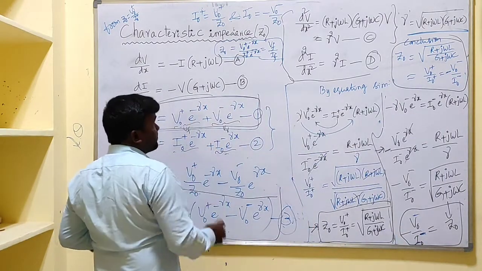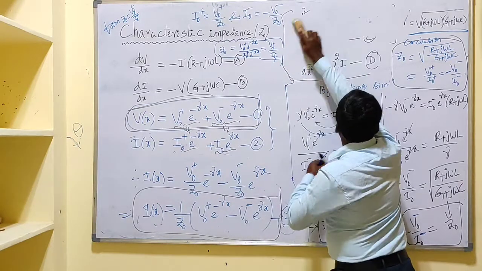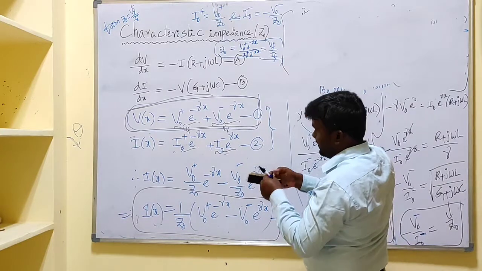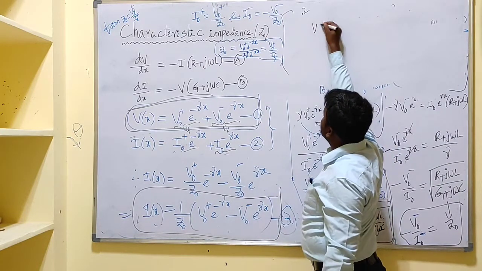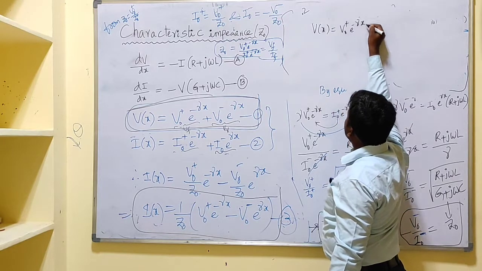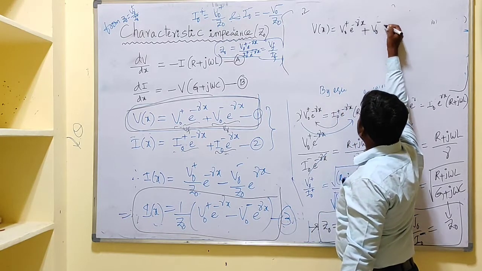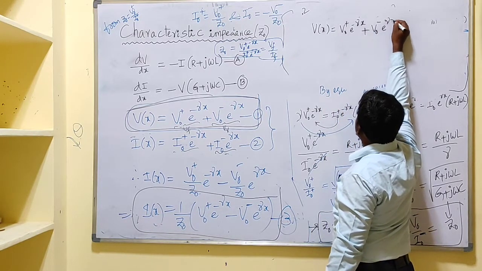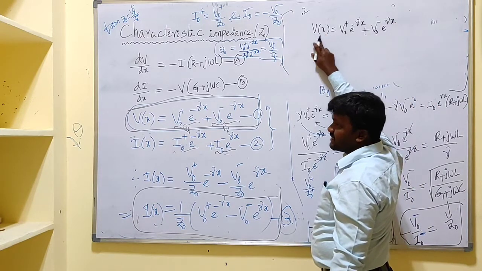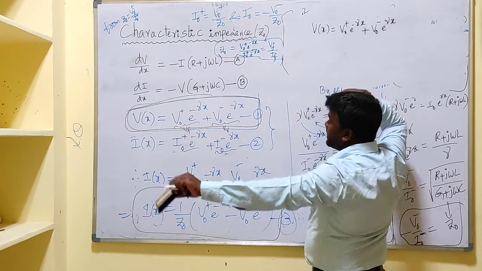I will write those equations here. The transmission line equations for the voltage and current are: V of x is equal to V naught plus e to the power minus gamma x, that is the forward voltage, and the reverse voltage is V naught minus e to the power gamma x. This voltage is a function of x, where x is the variable along the length of the line.